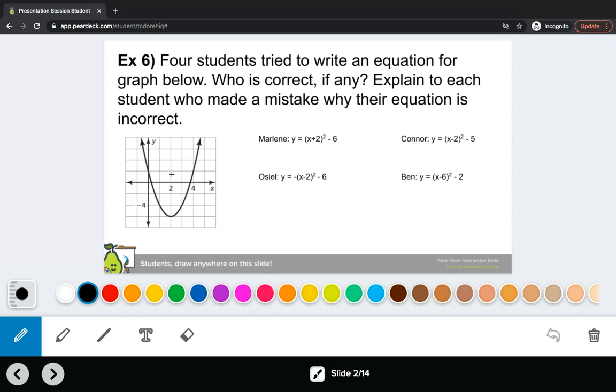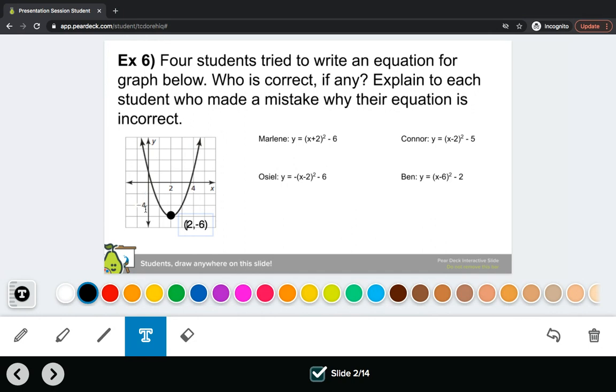is just remind you that when we're looking at this graph, here is my vertex point. And if I want to label my vertex point, I should be labeling it as 2, -6. Because pay close attention to the fact that the graph here, when we're looking at our y-axis, it is changing by a value of 2.